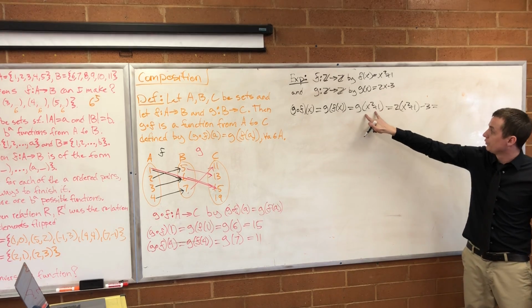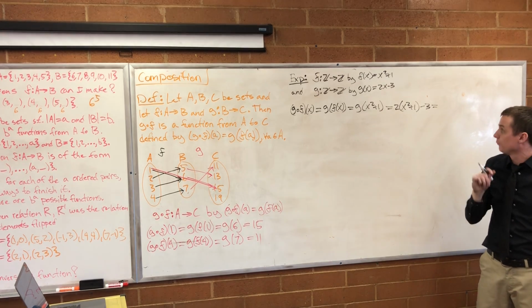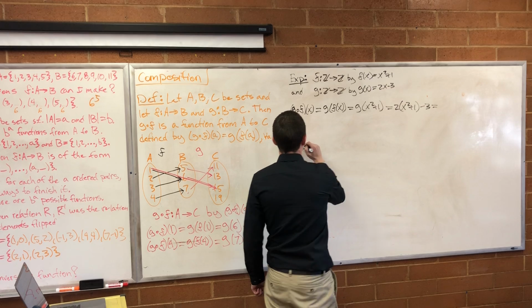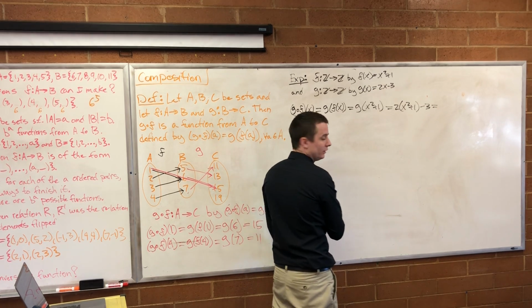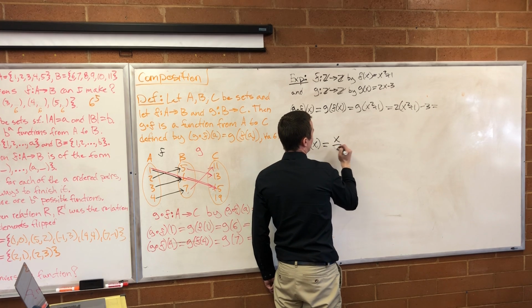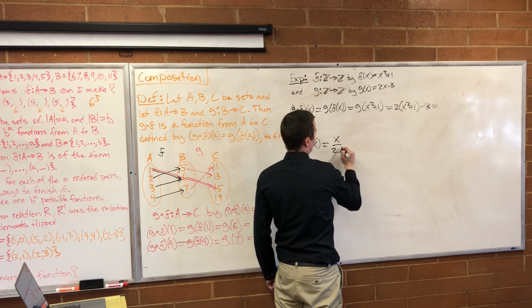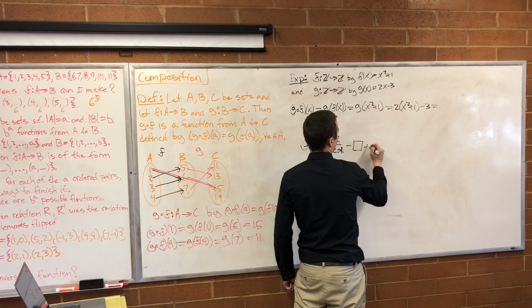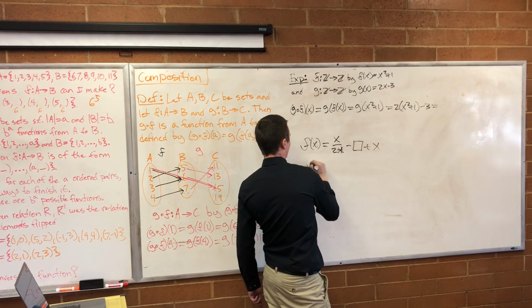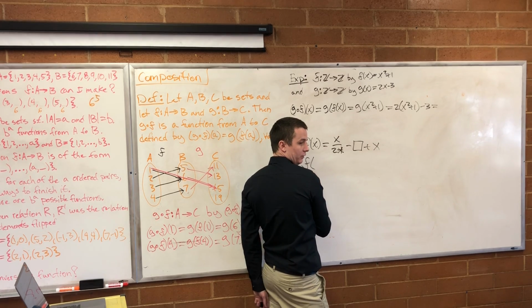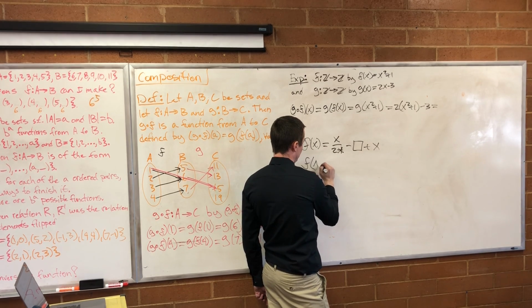You're confused going from here to here? Okay. If I say that f of x is equal to x over 2 star minus square plus x, and I ask you for f of, give me any shape, triangle.